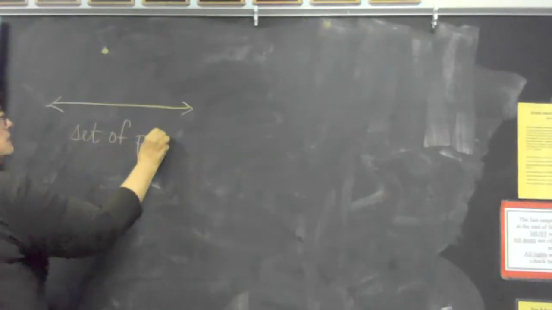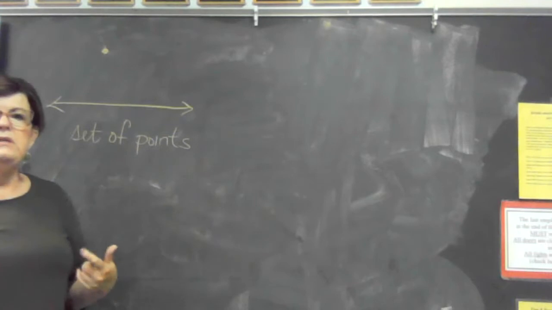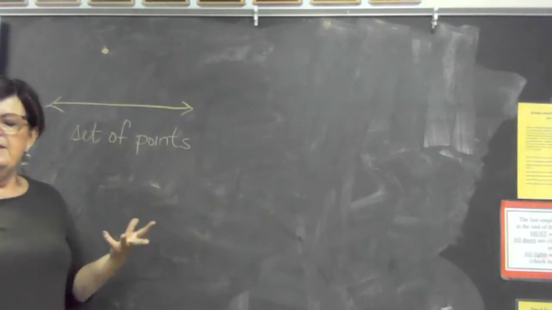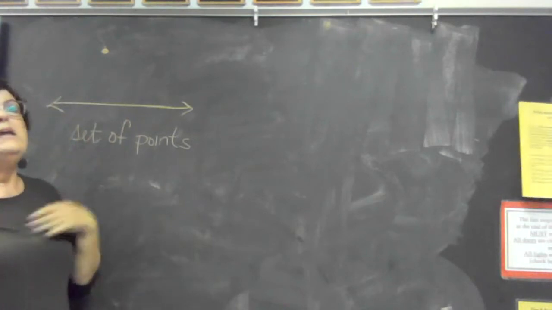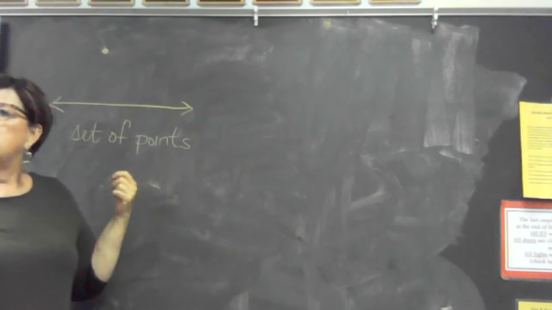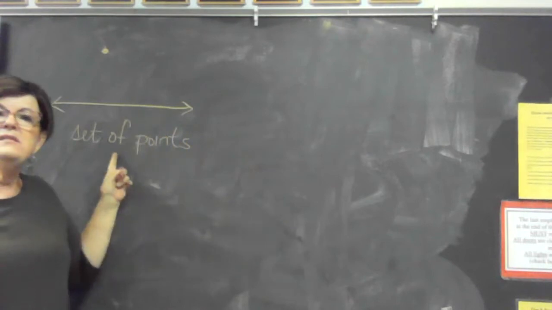Now, a line, believe it or not, the definition starts out here, and I do want to say this. It starts out as a set of points. Now that sounds weird, but this is the one thing that I think you need to get in your heads: it isn't actually a stick, a line out in space somewhere. This is a set of points.